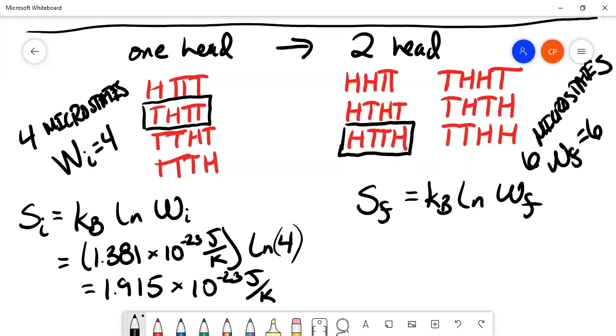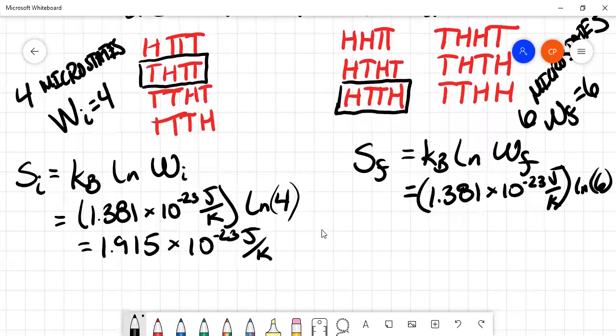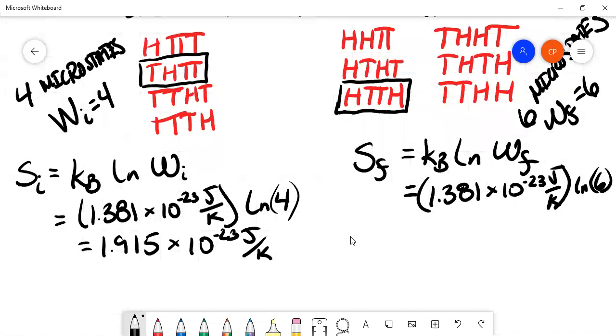Okay? Let me do the same number crunch for the other side. 1.381 times 10 to the minus 23rd joules per Kelvin times the natural log of 6.